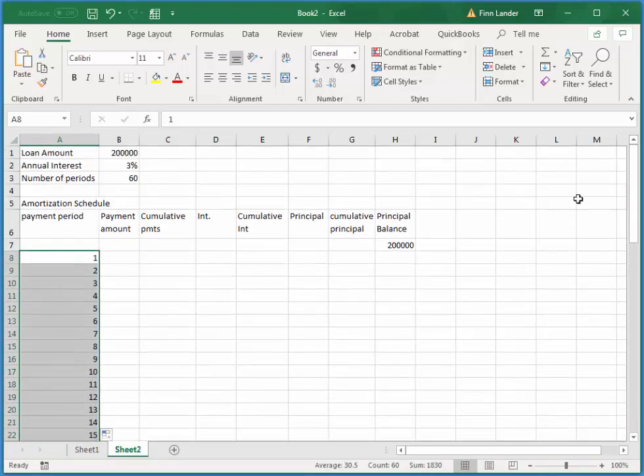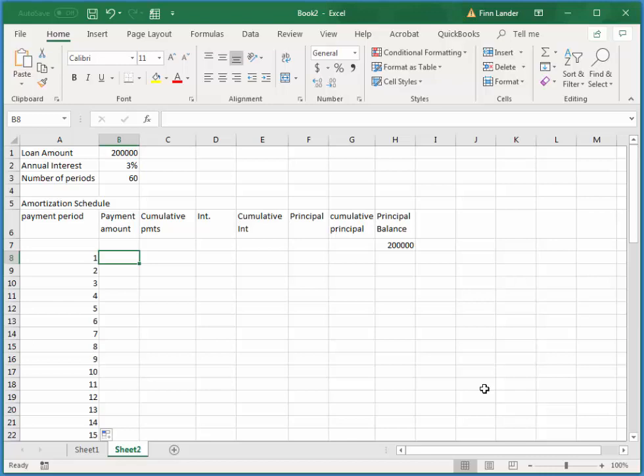Now I'll be using my PMT function and referring to the numbers up here. So everything that uses these cells as references will be absolute references. Everything that uses these cells as references will not be absolute references because I will be autofilling. So for those two reasons.